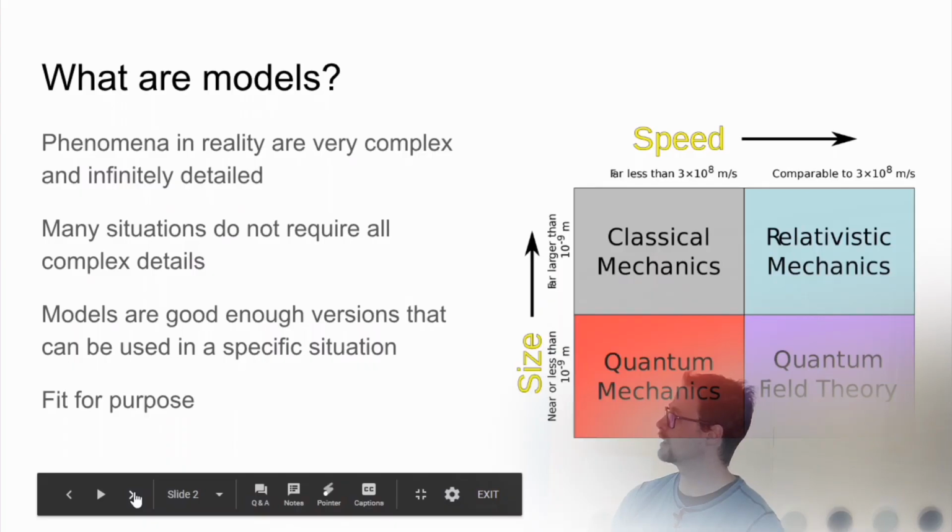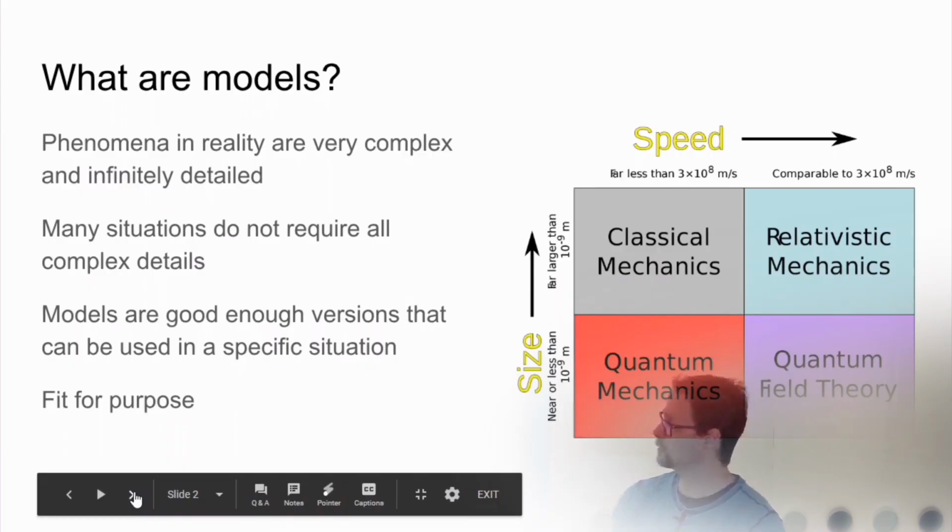It's important to realize that most models do not apply in all situations. The classic example is Newtonian mechanics, the stuff you learned in high school. When you drop something, it falls and it has a certain force and gets a certain velocity, and so on and so forth.